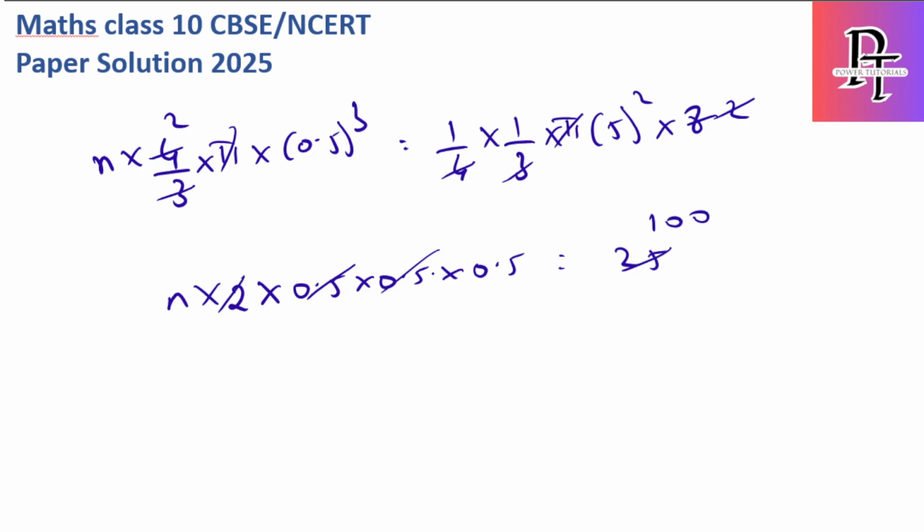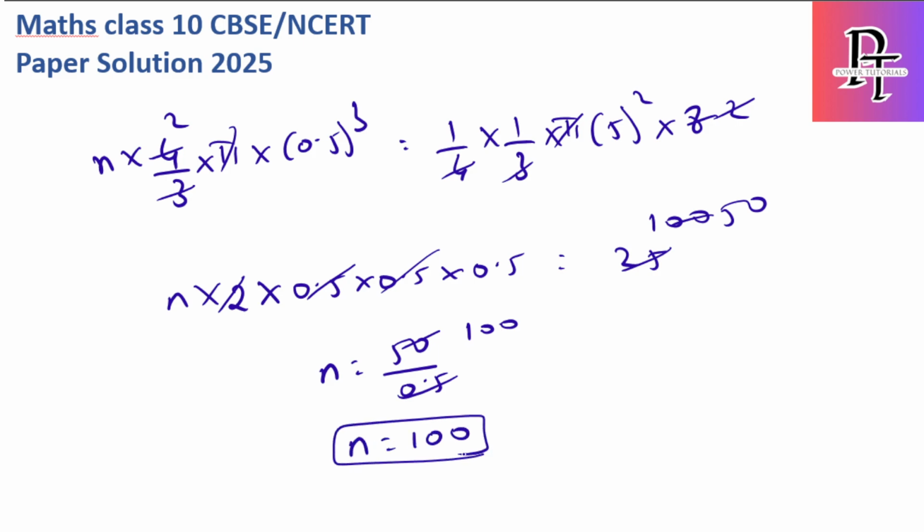So finally n value is 50 by 0.5, which is 100. So 100 lead shots are required.